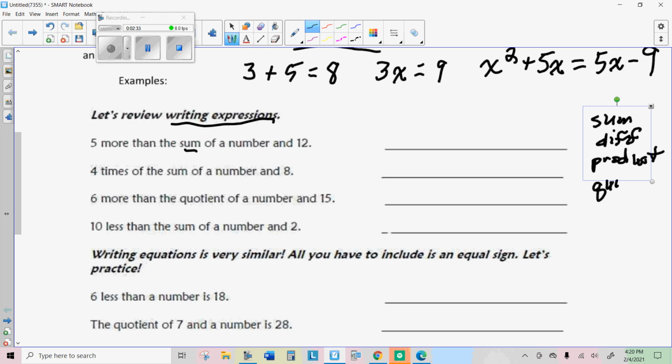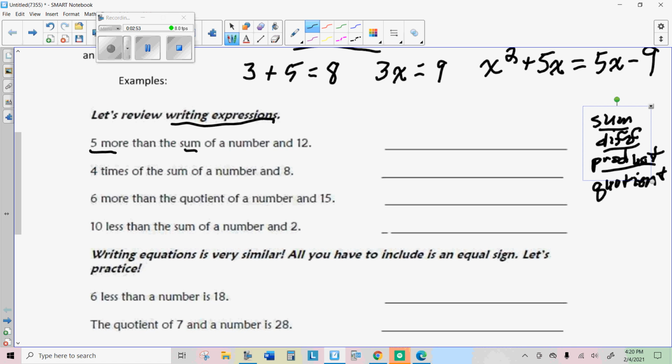Quotient means dividing two things. Product means multiplying two or more things. Difference means subtracting two or more things. Sum means adding two or more things. So you might want to use parentheses when you see those words.